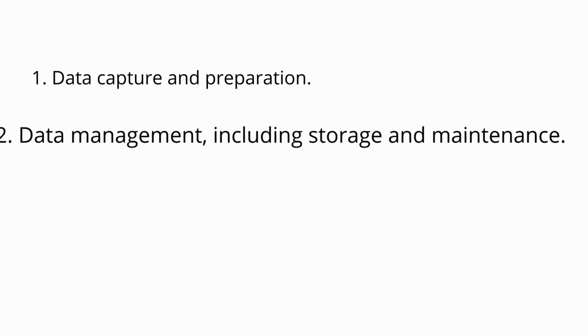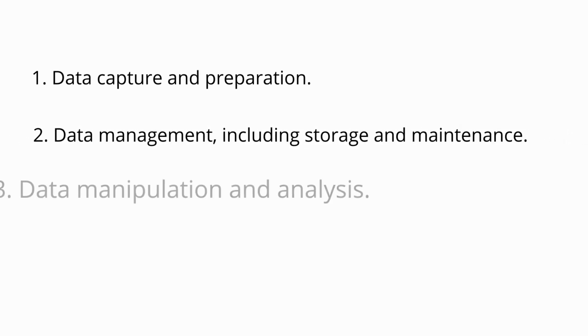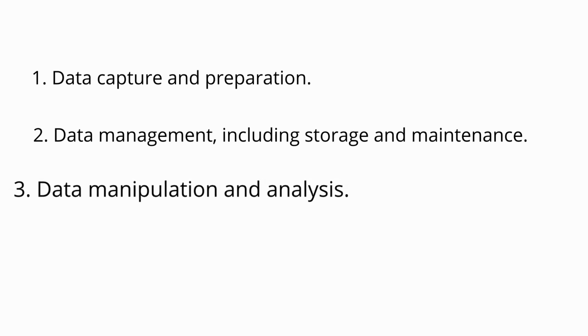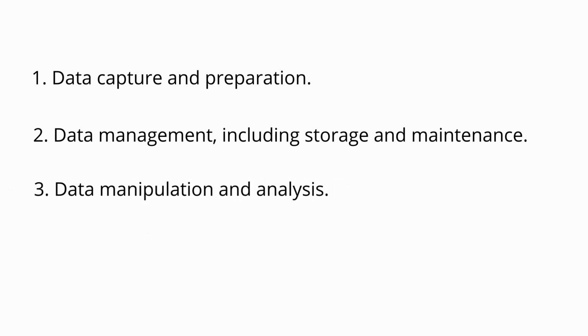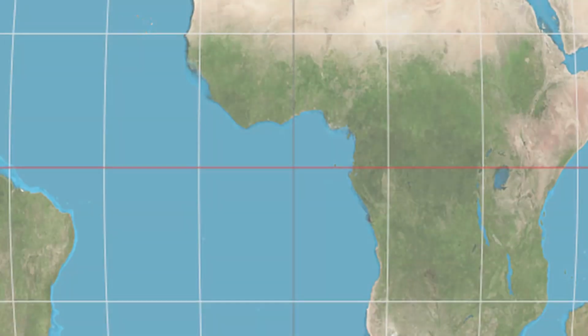In particular, a GIS is a system that should allow its users to undertake the following operations. 1. Data capture and preparation. 2. Data management, including storage and maintenance. 3. Data manipulation and analysis. 4. Data presentation. While that sounds like a lot of different types of software, it is important to remember, the G in GIS stands for geographical, and that the software deals with geographical data, a type of spatial data.